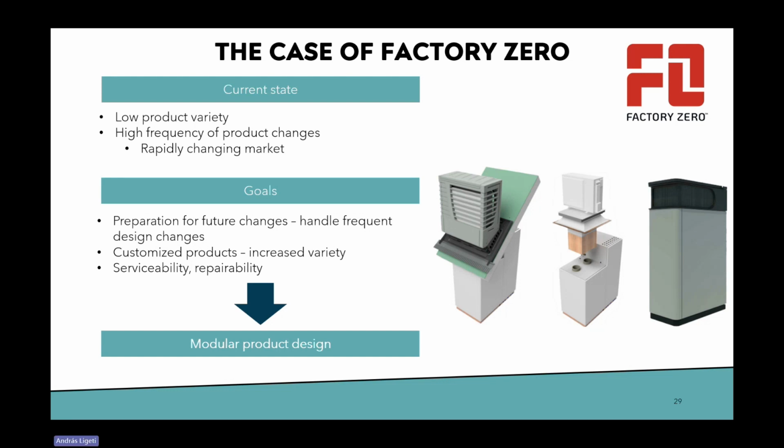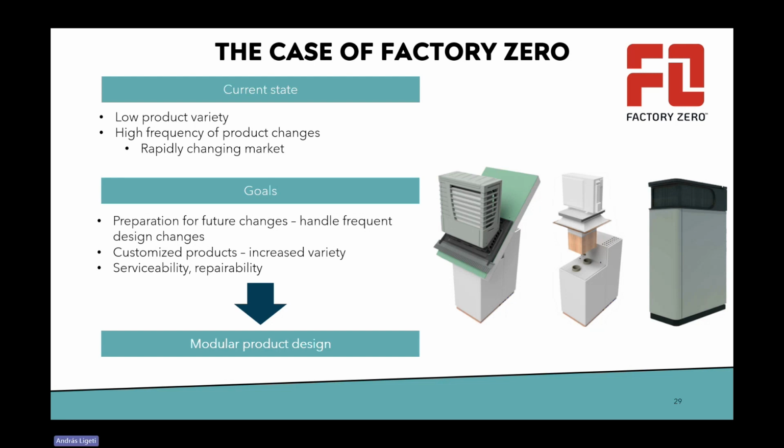But due to the rapidly changing markets, they had to release a new product quite frequently, and they also had to put quite a lot of effort into redesigning those products. So that was the reason why they decided to use a modular product architecture. They wanted to prepare for these future changes that will occur in their product.